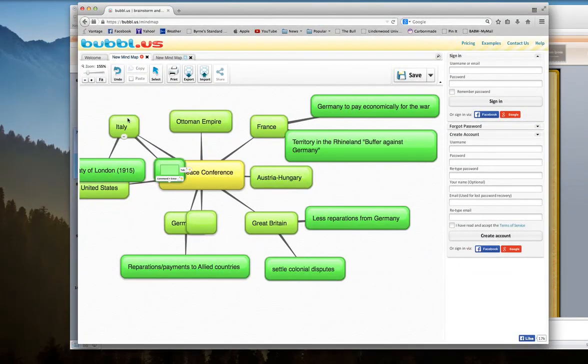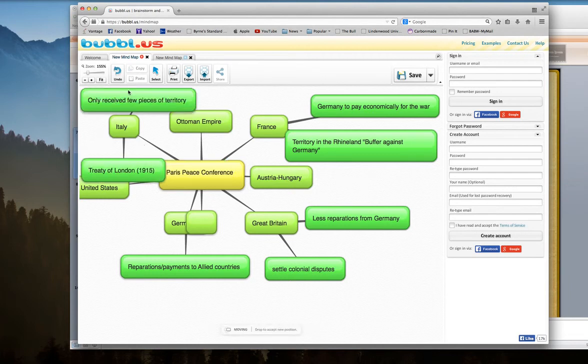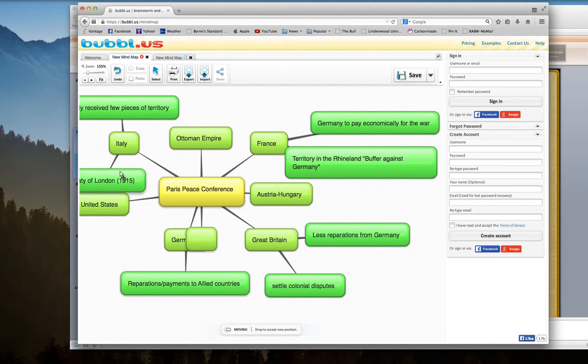And only received few pieces of territory. All right. We'll just move that right here. Move that right there for now.